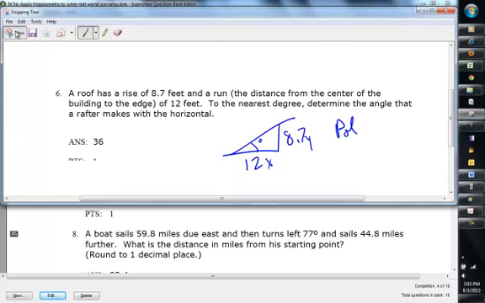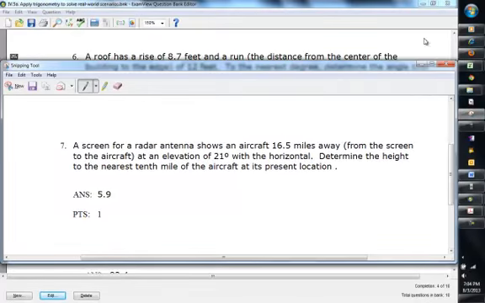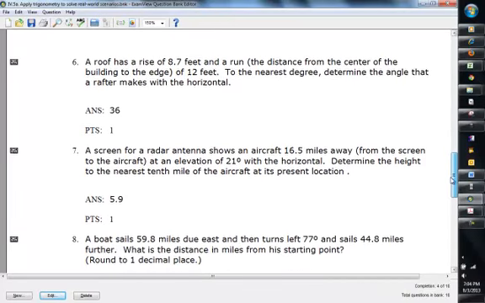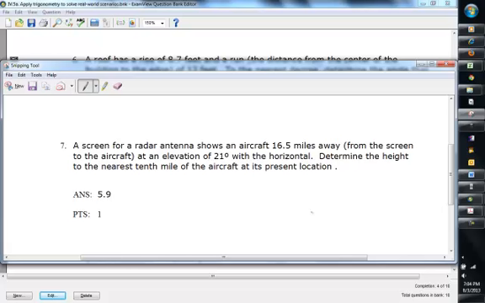A screen for a radar antenna shows an aircraft 16.5 miles away at an elevation of 21 degrees. And this is 21 degrees. We want to know the height.